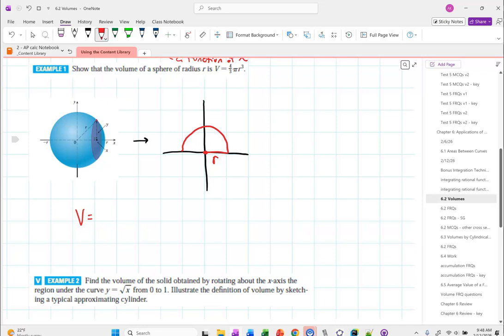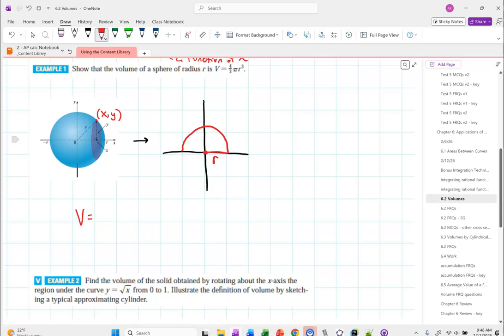So for example, this point here is going to be, okay, so we have some x, y, right?